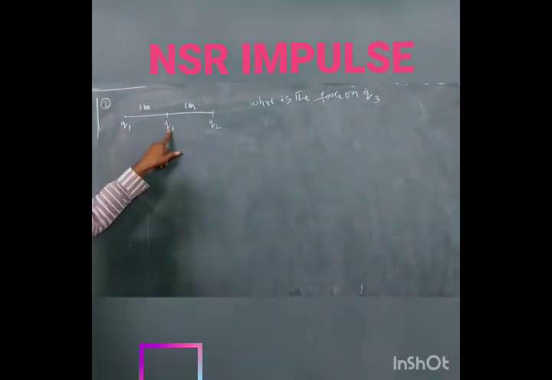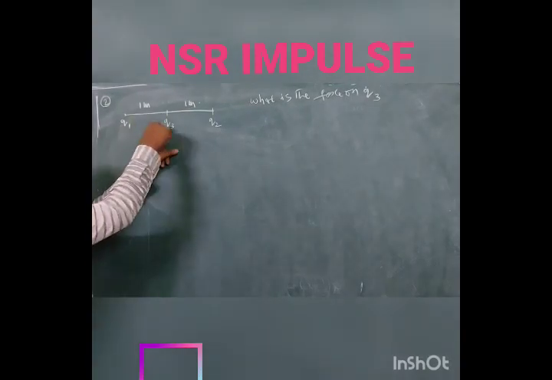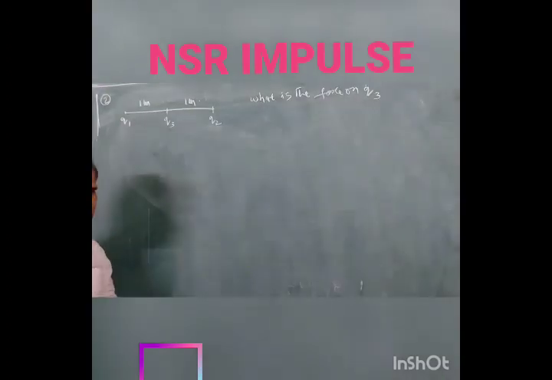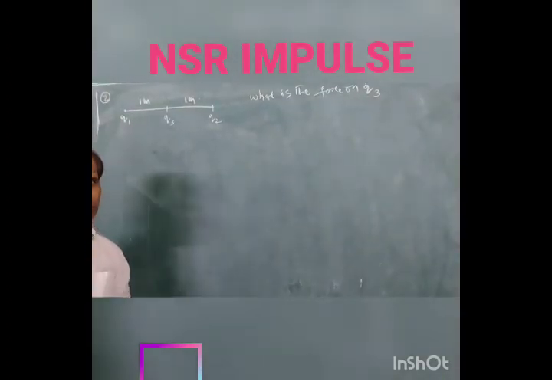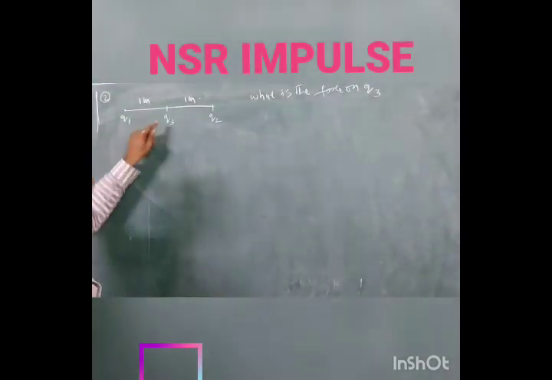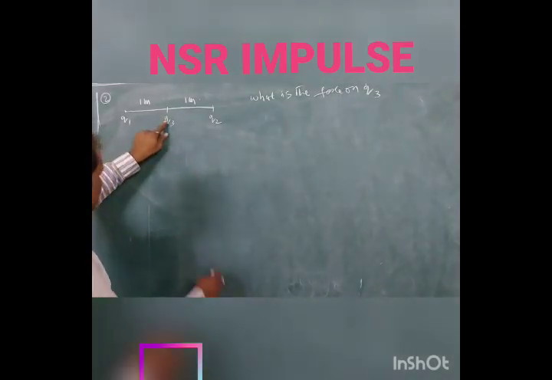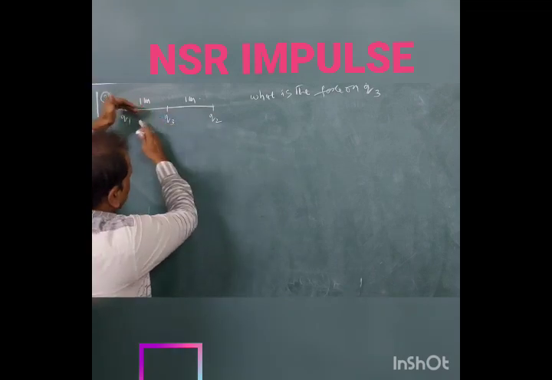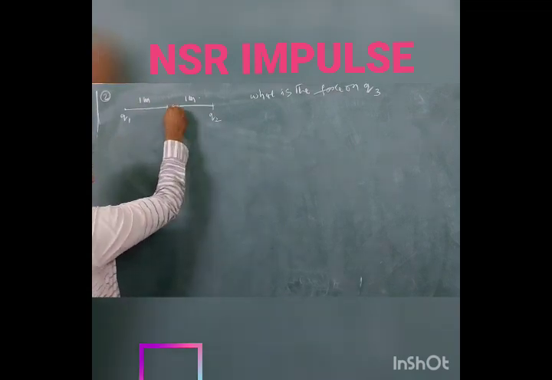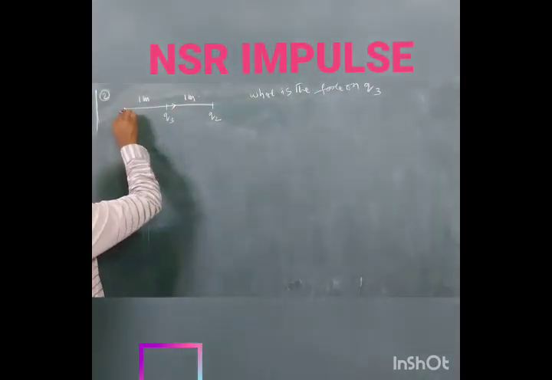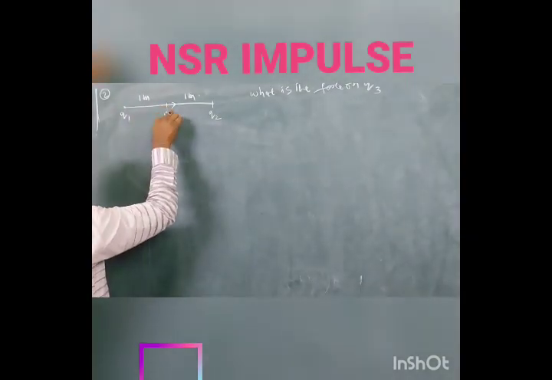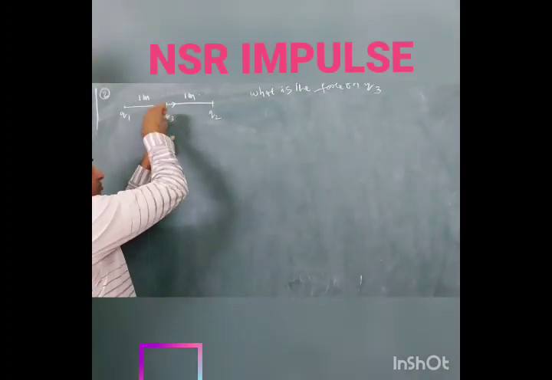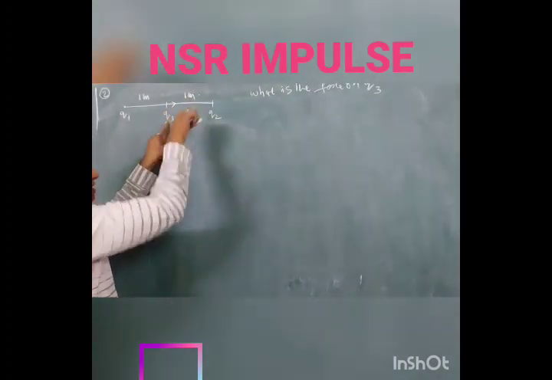Q3 is repelled by Q1 because these two are positive charges, and between two positive charges the force is repulsion. So Q1 repels Q3, meaning it pushes it away. That's why Q3 will feel the force in this direction, towards the right side.